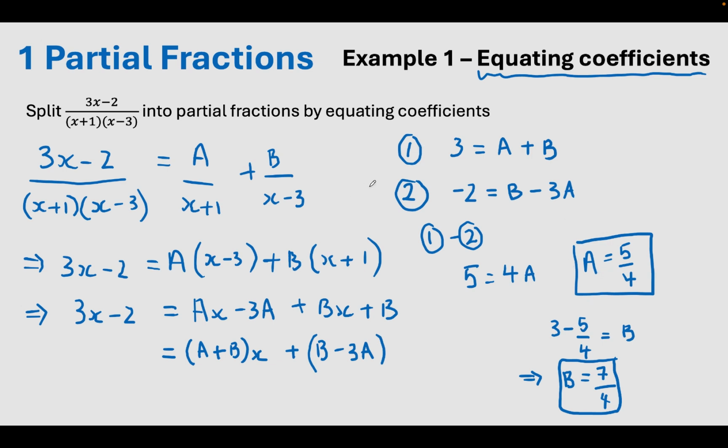There is nothing to say you can't combine them in any way. So if, for example, we'd have put x equals 3 into this, we'd have eliminated a, and then you could compare the coefficients again after that. So once you had a value for a, you could then compare coefficients. Okay? Right. We'll move on to the next example now.